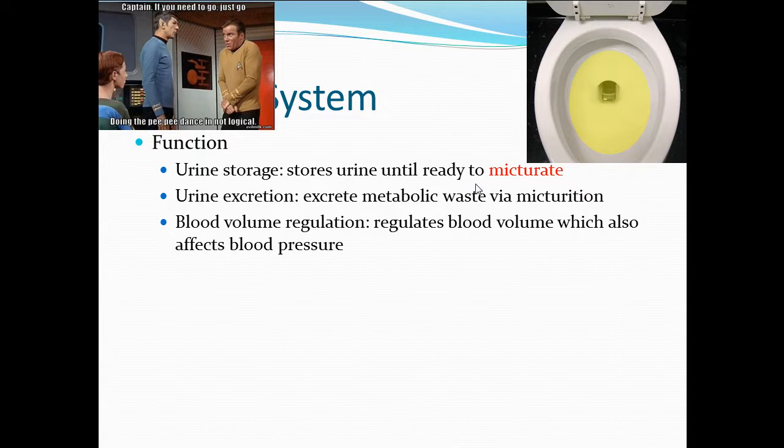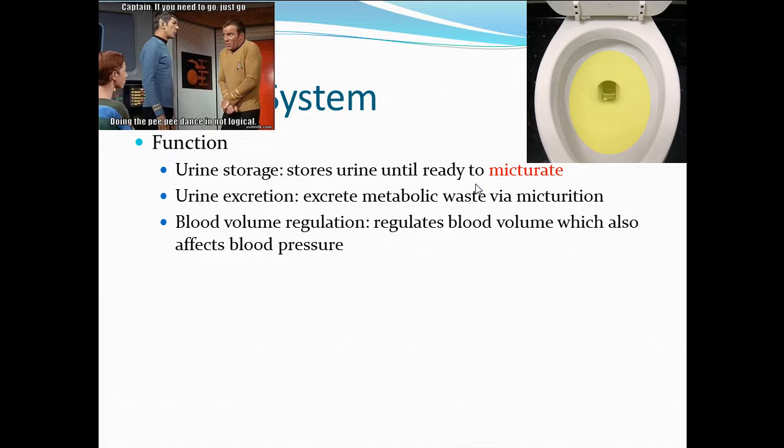Another function is to regulate the amount of blood volume that we have. Remember how we talked about this in the endocrine system? If our kidneys retain or reabsorb water, what's going to happen to the amount of blood volume?